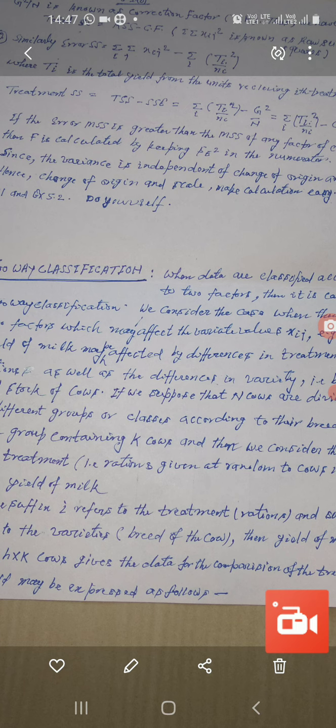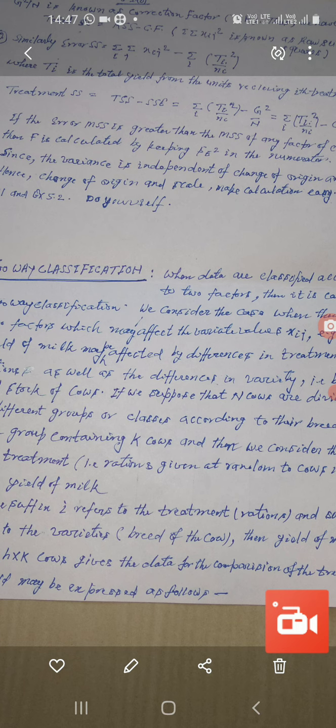Here we suppose that suffix i refers to the treatment, that is ration, and suffix j refers to the varieties, that is breed of the cow.